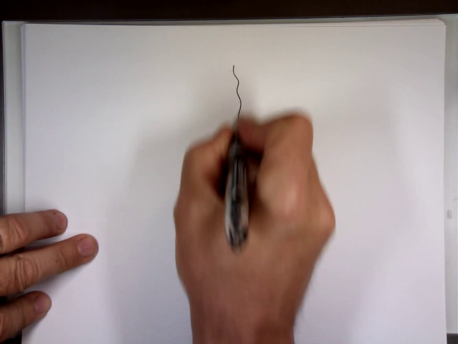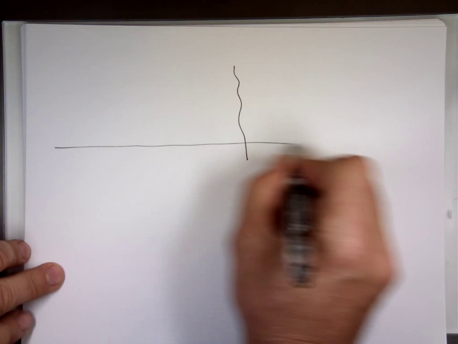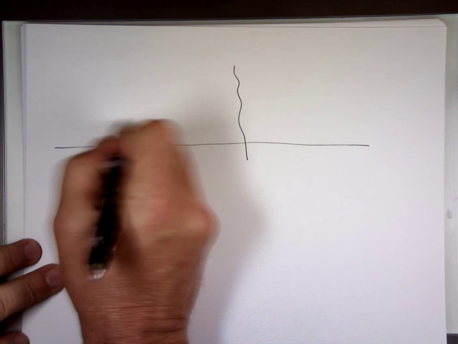So let's take an example with a completely inelastic collision. This is the before versus the after. We have a train.